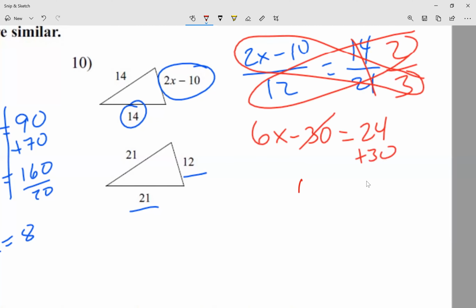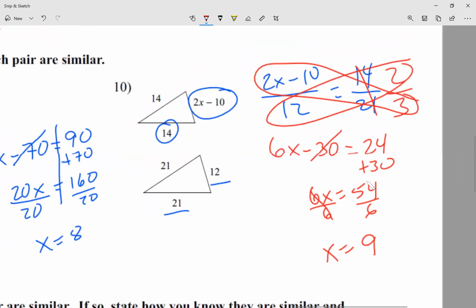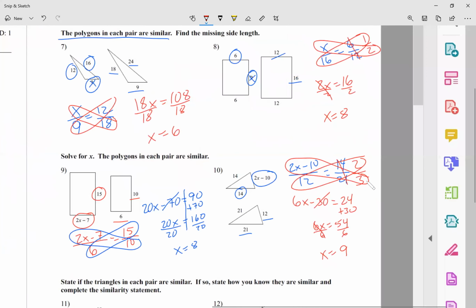So I have 6X is equal to 54, right? 24 plus 30 is 54. Let me divide both sides by 6. So I get X is equal to 9. 54 divided by 6 is 9. There you go. I was working 7 through 10 today, so there you go.